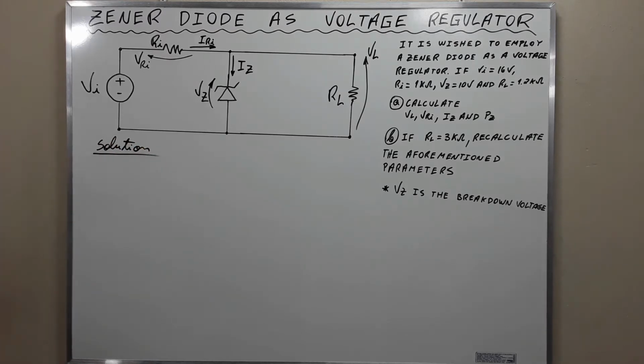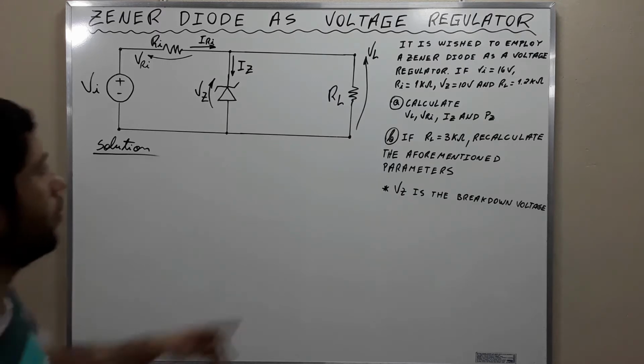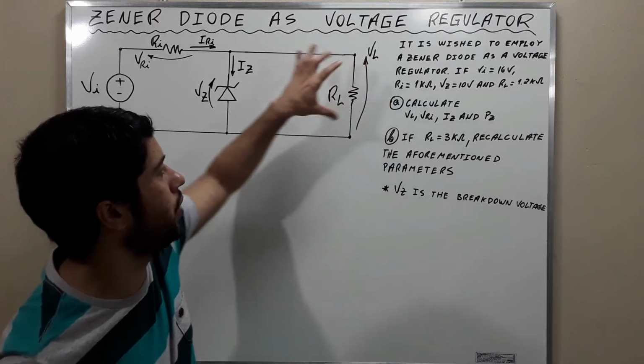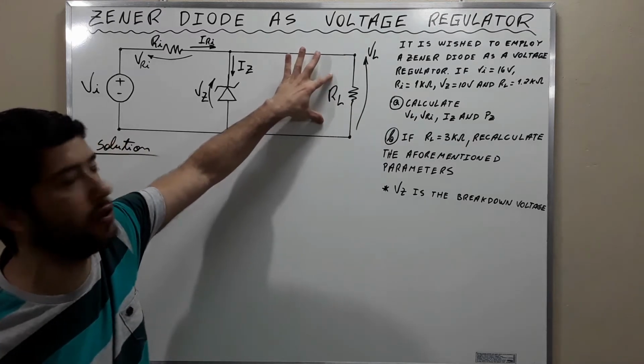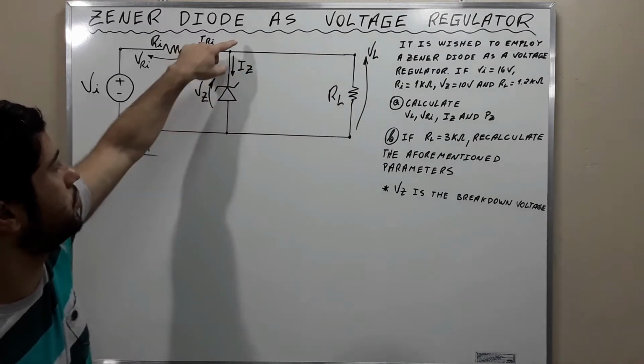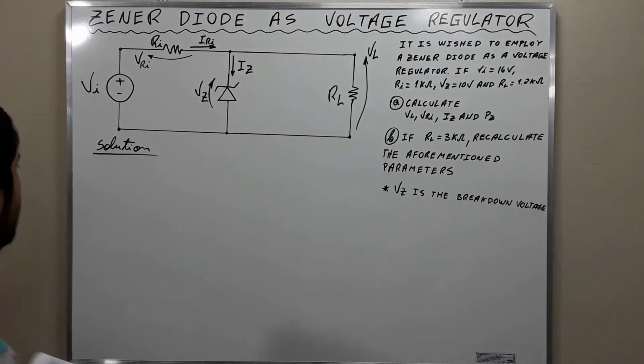Step 1 will be to determine the voltage across the Zener diode to check its operating state. We are going to calculate VL, which is the voltage on top of the load, and also the voltage from this point to this point.